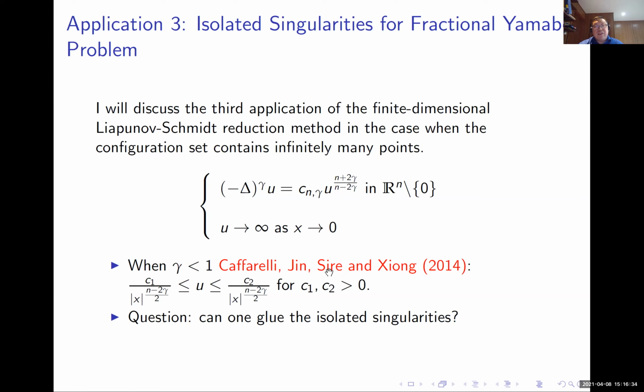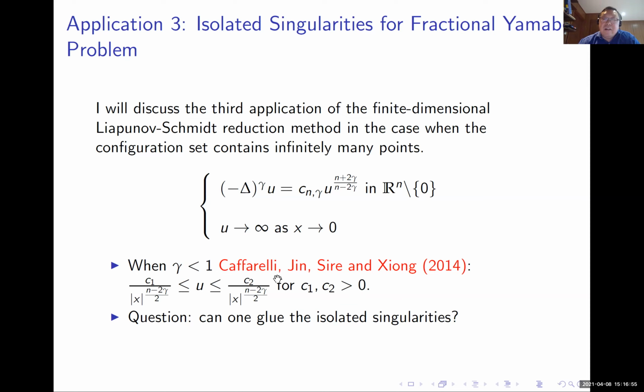Caffarelli, Jin, and Xiong classified the singularity, and you have radially symmetric solutions for these singular solutions. So the question is, can we glue the isolated singularities by the finite dimensional reduction method?